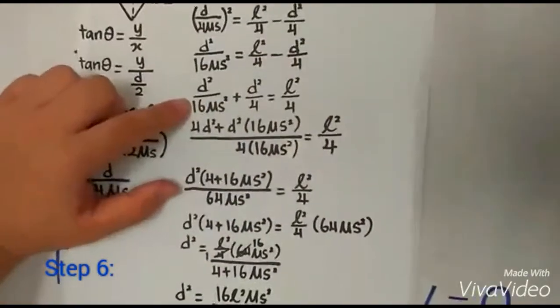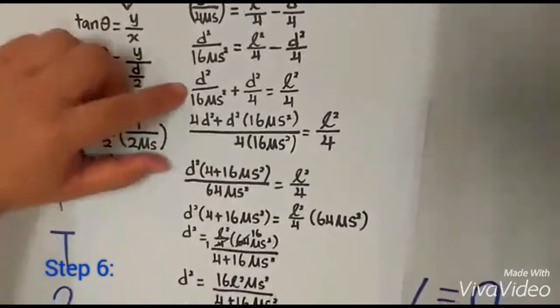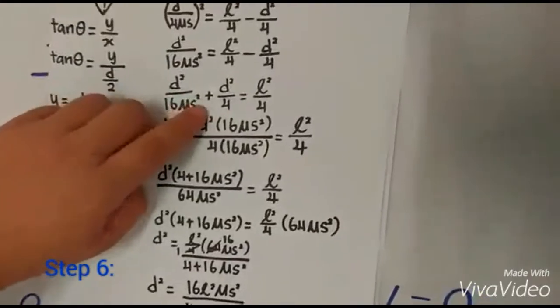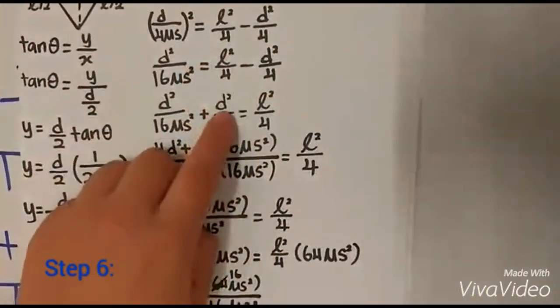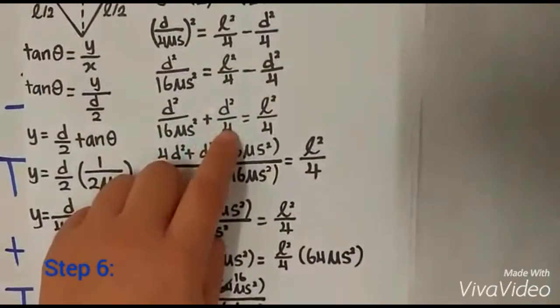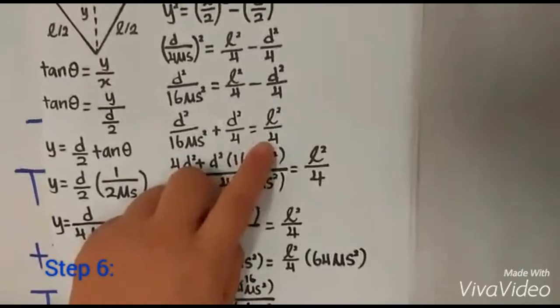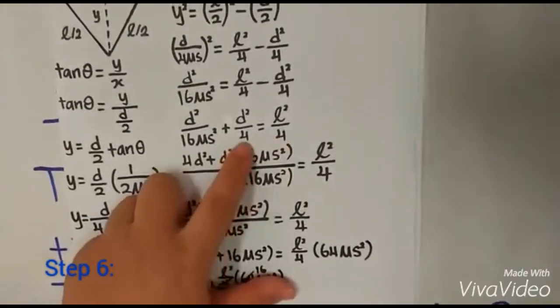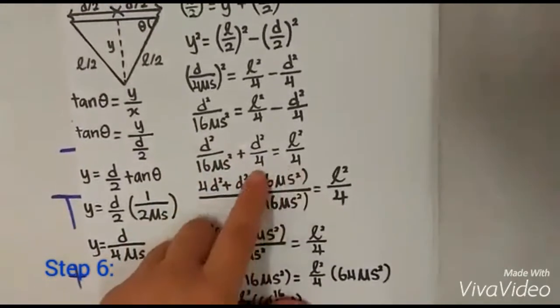Then here we just switch their places between each other. d square divided by 16 mu s square plus, this one we bring forward, becomes d square divided by 4. Then this one we write equal to L square divided by 4. So after we do this, we must know that the denominators among these three are different.